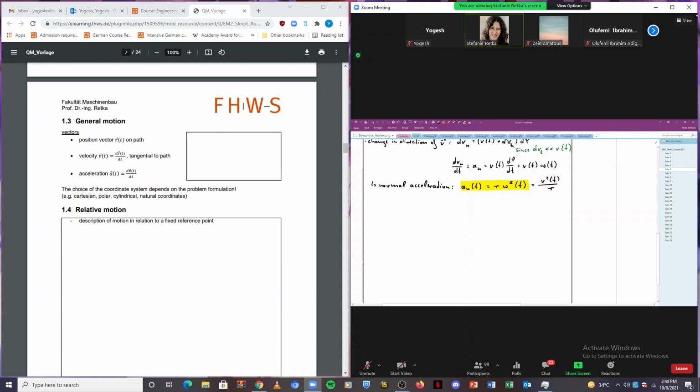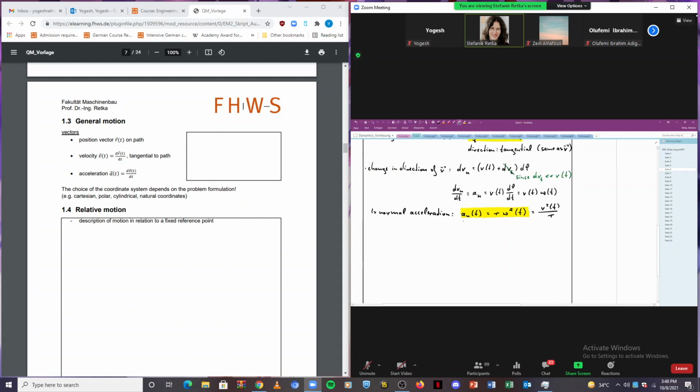Okay, so now we still need the direction. As the name says, it's normal and points towards the center of the circular path.